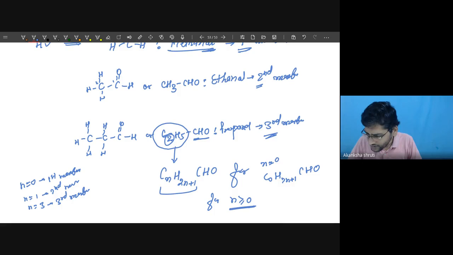Means no carbon from this other chain, but the carbon of aldehyde itself is there. So only H, then CHO. So this is our methanal. Therefore, in this case, we can start this homologous series for n equals 0.